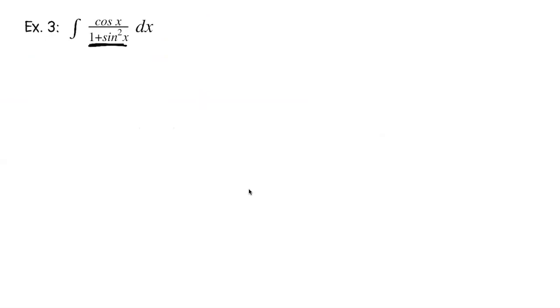Now, if this said 1 minus sine squared instead of 1 plus sine squared, if that were a minus sign, then I would 100% replace that with cosine squared. So then I could reduce from there. But since it's a 1 plus sine squared, it's actually not one of the Pythagorean identities.